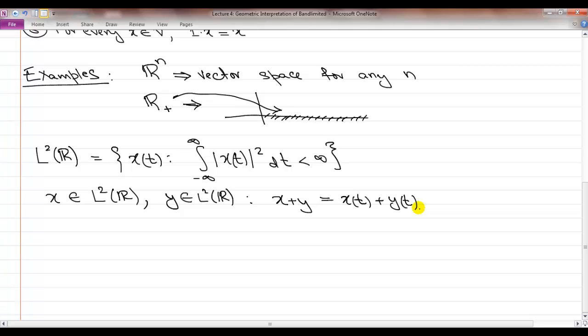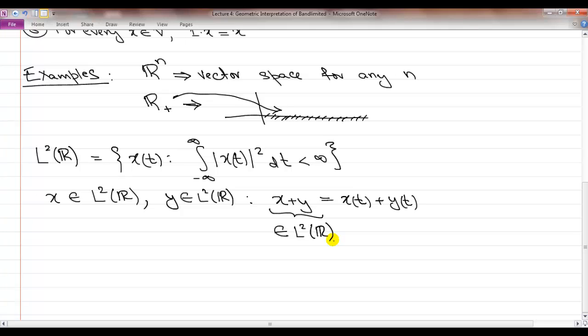Take the function which takes value 0 everywhere. Right? The only tricky thing in this context is verifying that this itself also belongs to L2R, which means that if you add, so vector spaces are closed under addition. They have to be, by definition, closed under addition.